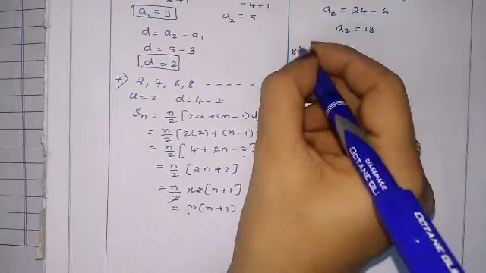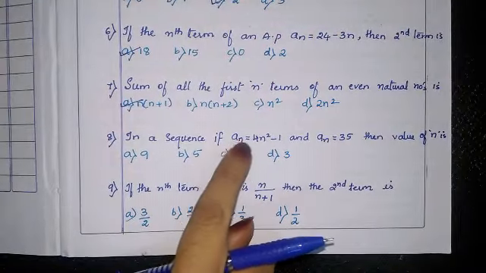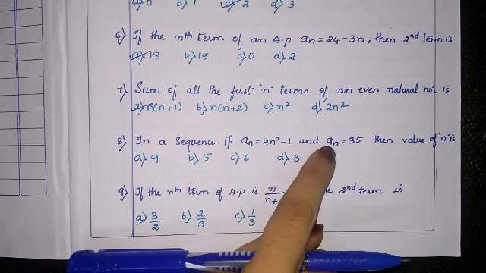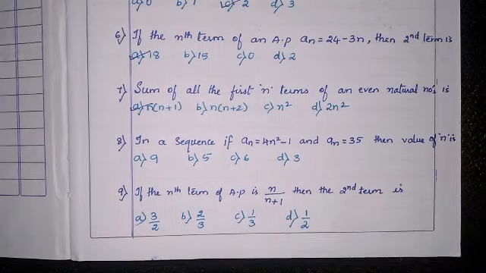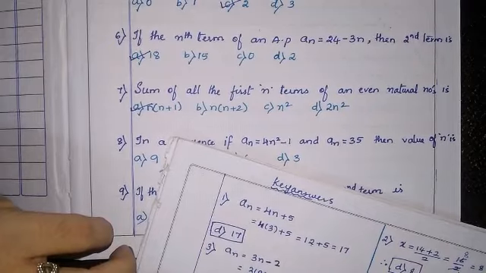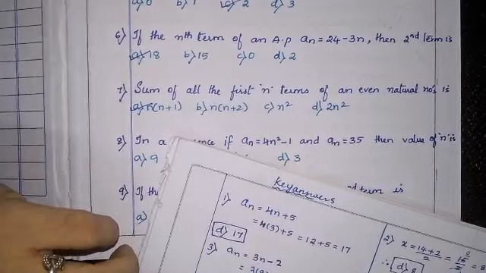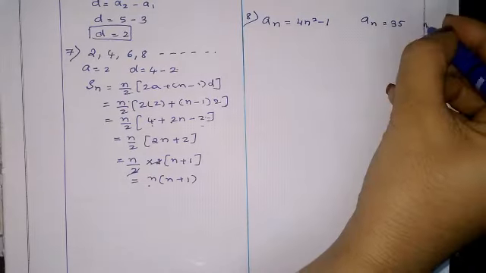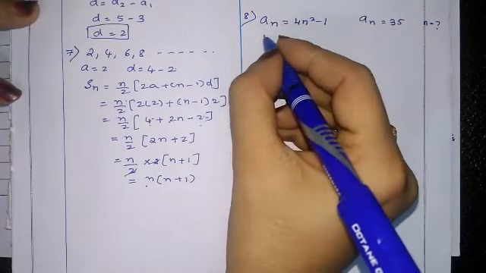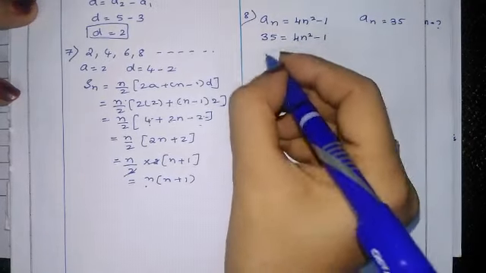Okay, let us see question number 8 now. In a sequence, if an is equal to 4n square minus 1 and an is equal to 35, then find the value of n. Now in place of an we can write 35 because it is given. 35 is equal to 4n square minus 1.